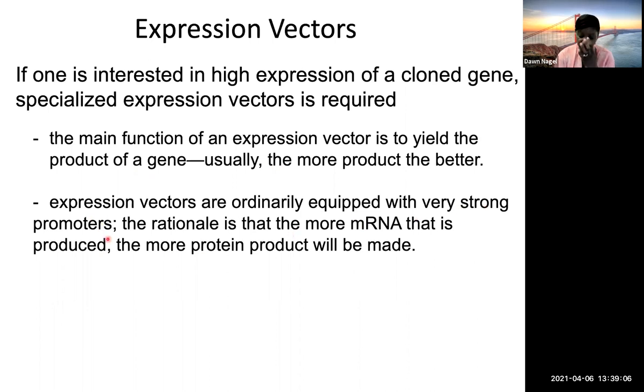So promoters are important for a gene because they're the ones that direct gene expression, okay? So you will express the gene, you will first make your mRNA. The more mRNA you have, the more mRNA is available to be translated into a protein, right? So more mRNA, more protein you will make.